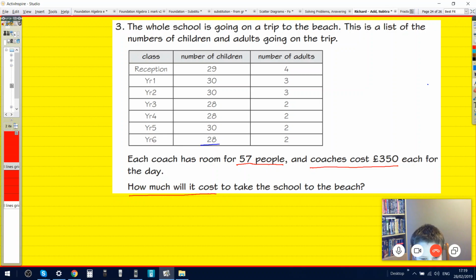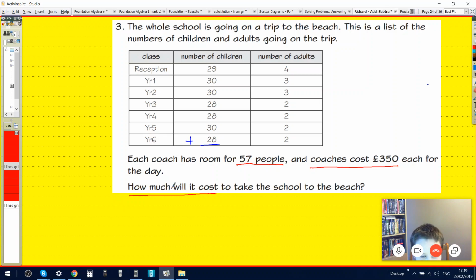And plus, I think plus 57 as well. Actually, no, wait. Not plus 57. No, that's just saying how many people it has room for. So we need to add all those numbers together.